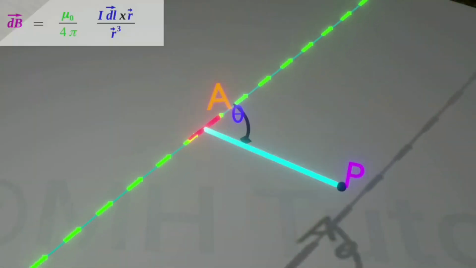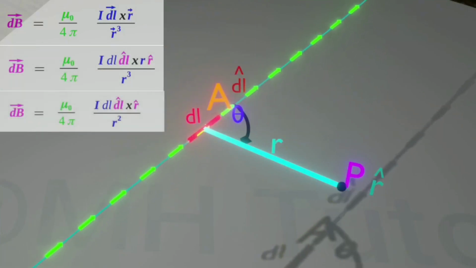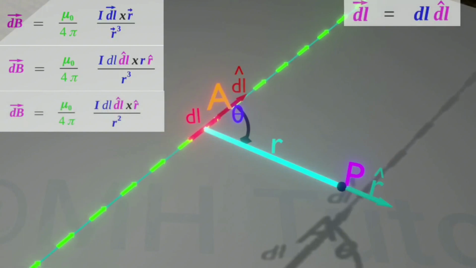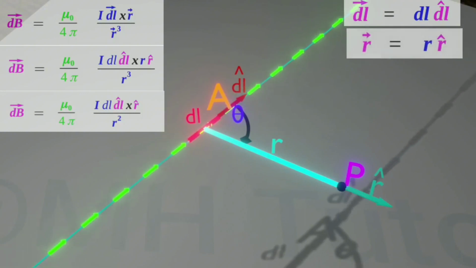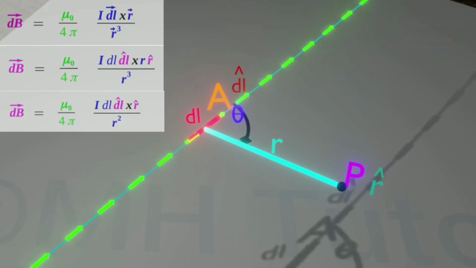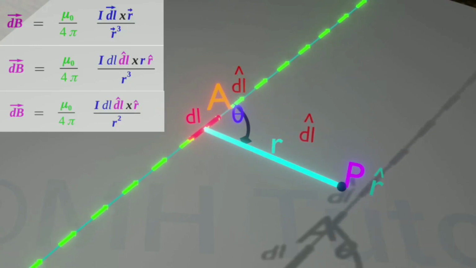After noting all these, the Biot-Savart law can be written like this. Here, dl and cap dl are the magnitude and direction of the vector dl, respectively. And r and cap r are the magnitude and direction of the vector r, respectively. The direction of dB is the cross product of cap dl and cap r.